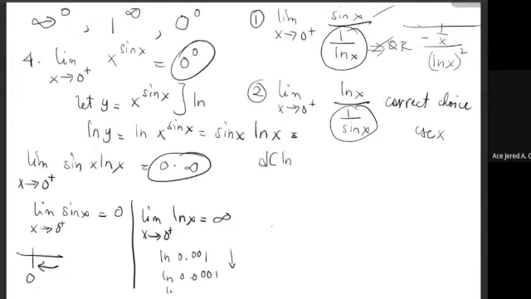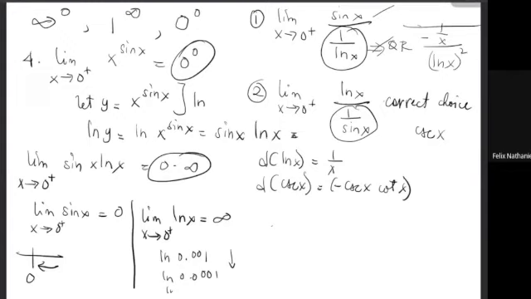So what's the derivative of ln of x? That's just 1 over x. What's the derivative of cosecant of x? Negative cosecant x cotangent x. Okay, negative cosecant of x cotangent of x.